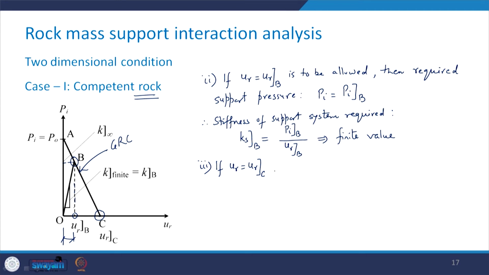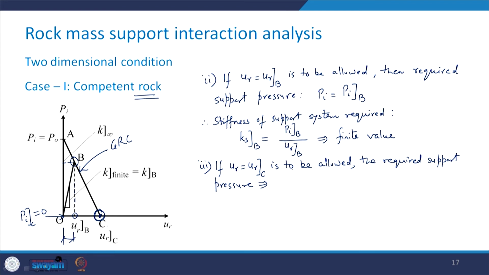Then what will be the required support pressure in this case? Look at this figure and tell that this is going to be here, URC, and if I just drop a line here corresponding to this, your Pi value is 0.